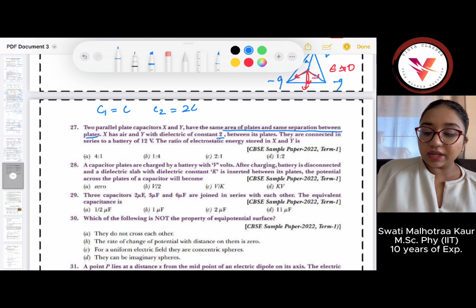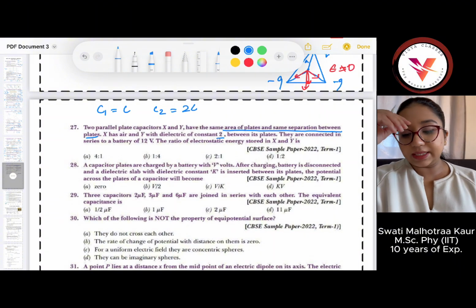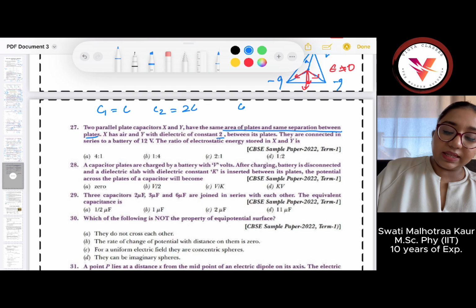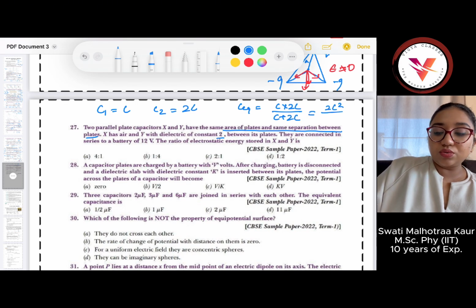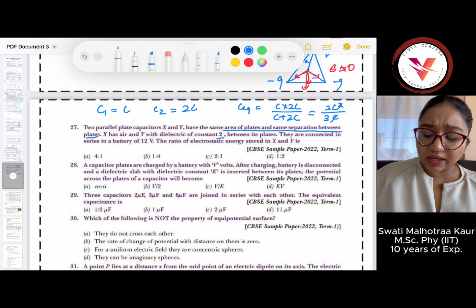The ratio of the electrostatic energy of X and Y. If they are in series, then C equivalent is C into 2C over C plus 2C, that is 2C square over 3C, so 2 by 3 times C is C equivalent.